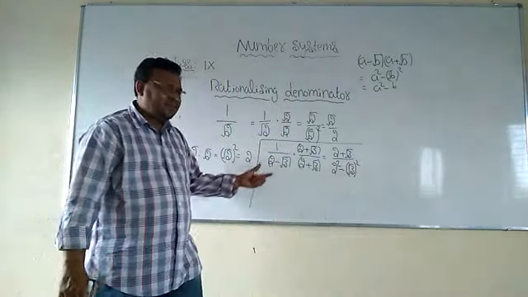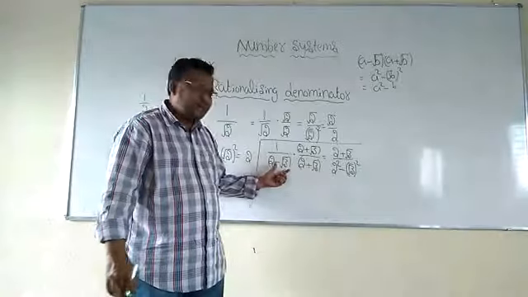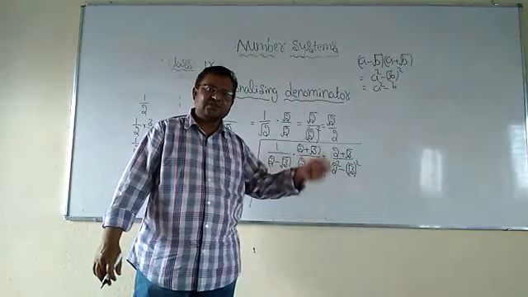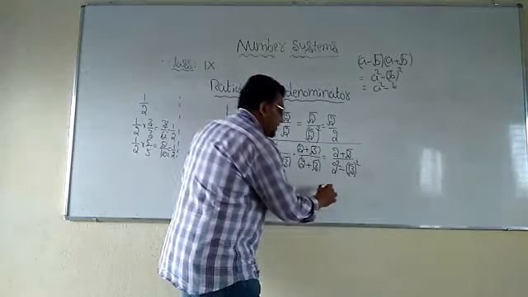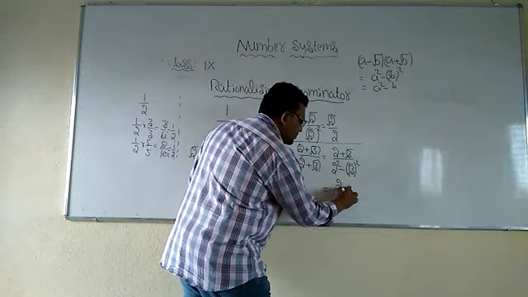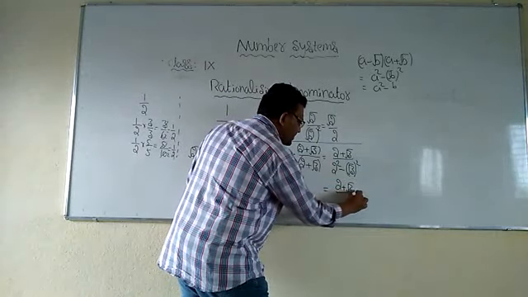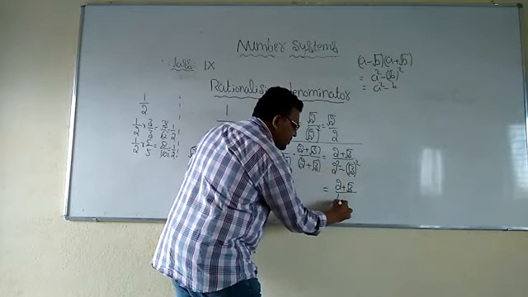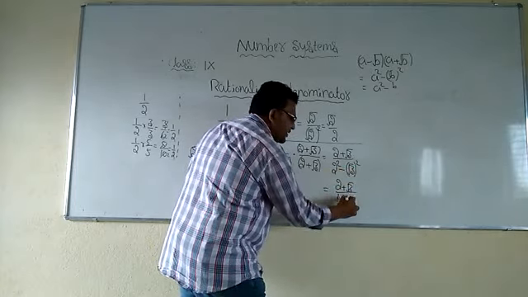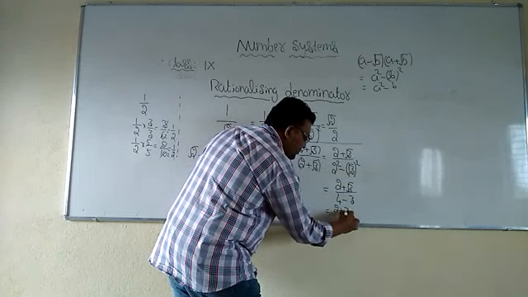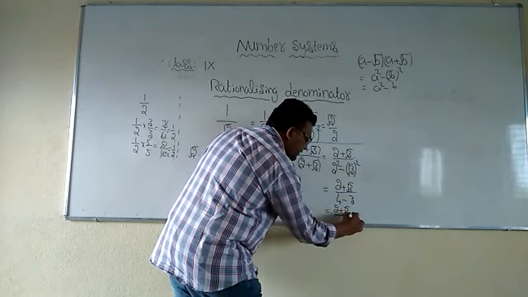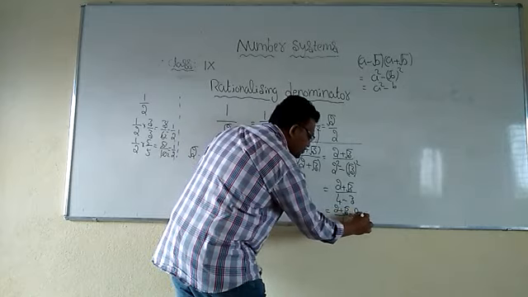Simply, you can remember the general formula in algebra: a minus b into a plus b is equal to a square minus b square. That only I have written here. That is equal to 2 plus root 3 by 2 square, that is 4, minus, the square and root get cancelled, then remains 3. That is equal to 2 plus root 3 by 1, that is equal to 2 plus root 3.